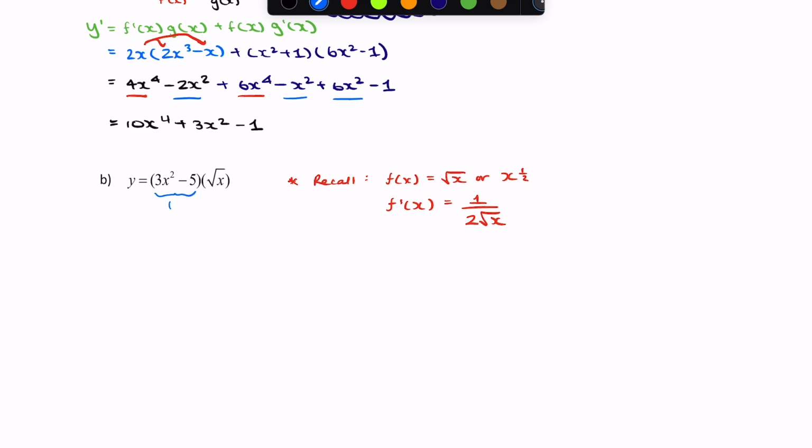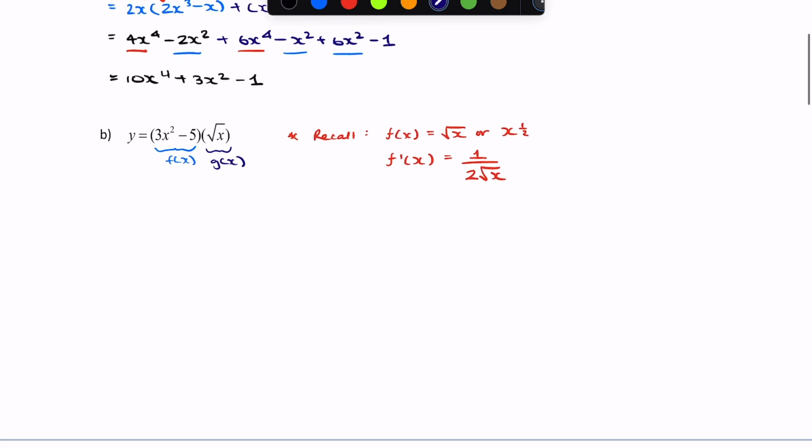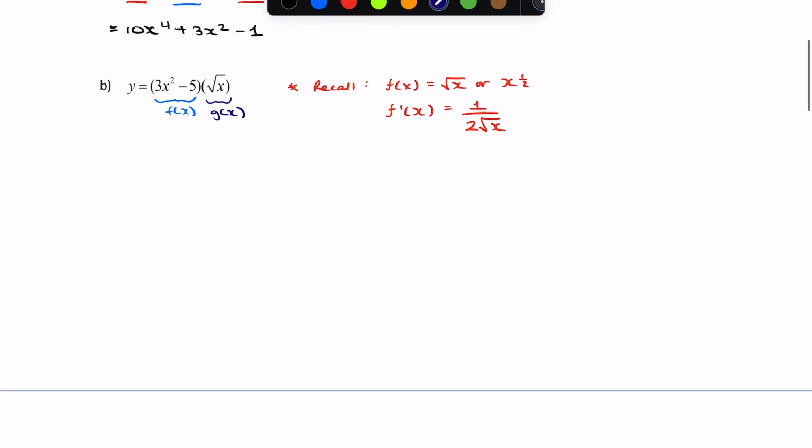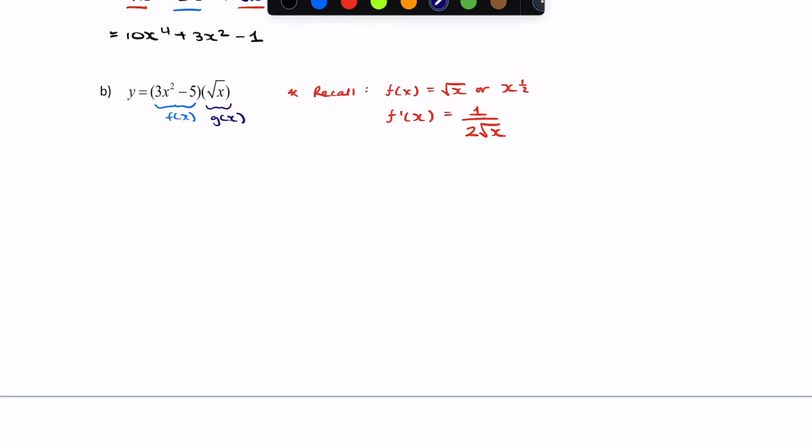So again, label one of them f of x and the other one g of x. So here, again, we have f prime of x multiplied by g of x plus f of x times g prime of x.